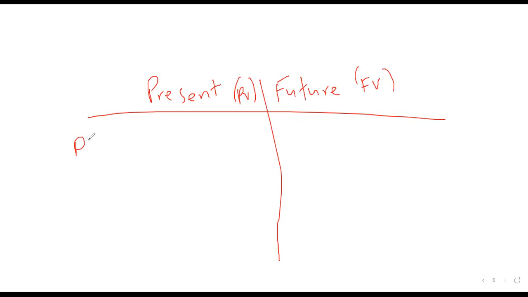Future value of an annuity. So a present value is simply 1 over 1 plus r to the power n. A future value is simply 1 plus r to the power n. This is a present value factor. Then you can multiply by the payment.